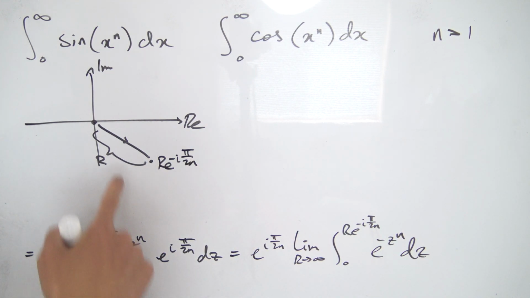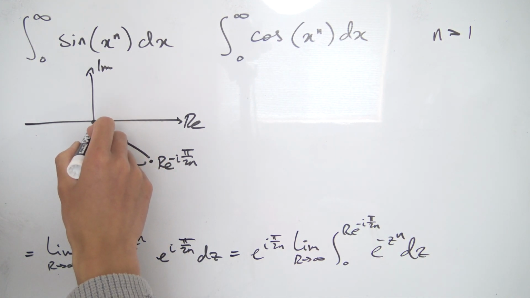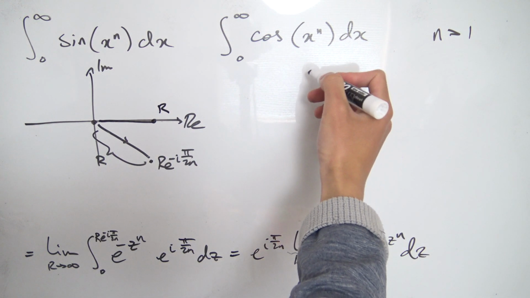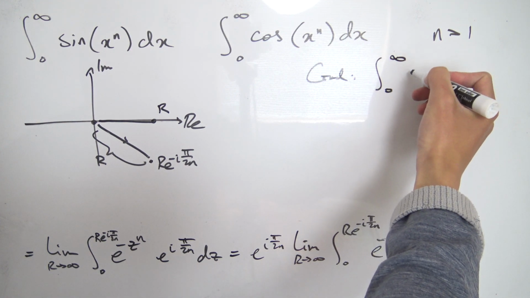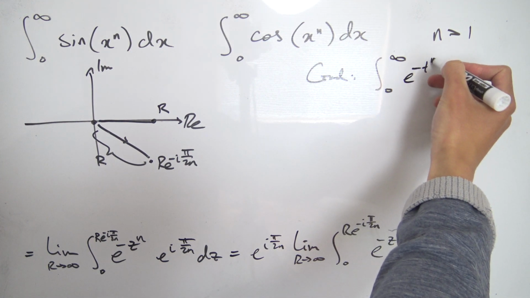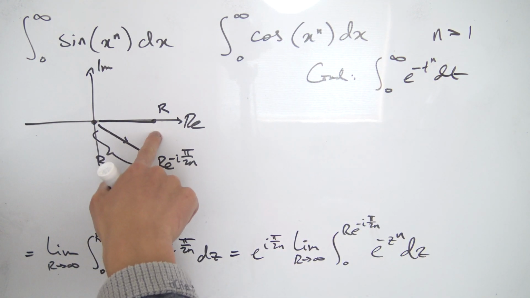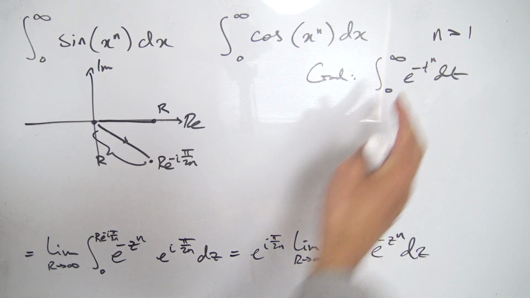So this complex number is r times e to the minus i pi over 2n. And we don't really want to integrate on this path. Instead, we want to integrate on this path from 0 to r on the real axis. Because remember, our goal integral is the integral from 0 to infinity of e to the minus t to the n dt. And if we integrate from 0 to r on the real axis and simply apply this limit, then we get the integral that we want.